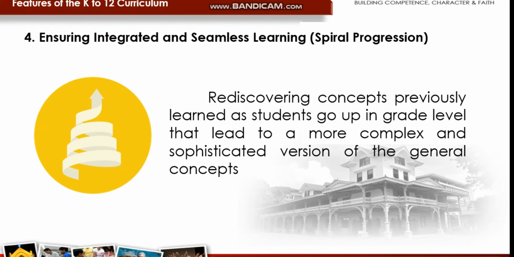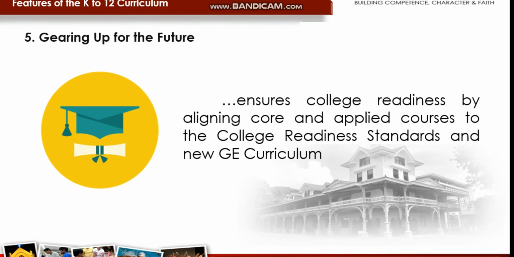We have the fifth one, which is gearing up for the future. The fifth feature again is gearing up for the future. So the K-12 curriculum ensures college readiness by aligning the core and applied courses to the College Readiness Standards or CRS and the new General Education or GE curriculum.